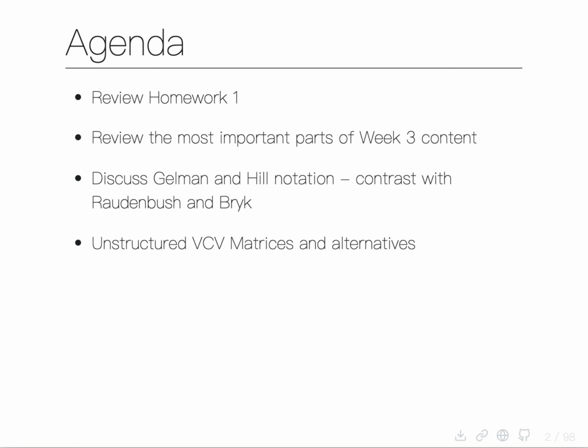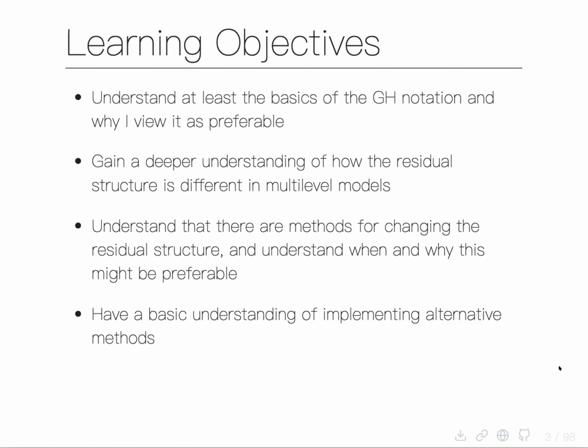Okay. All right. So learning objectives for today, there's a lot of them because of everything I just mentioned. But this is mostly just for the new stuff. And so again, I don't know how much of this we'll get through, but understand the basics of the Gelman and Hill notation and why I think that's preferable. You may disagree that it's preferable, but at least you'll understand why I think it's preferable.